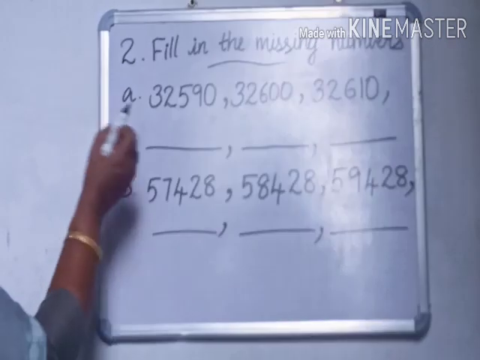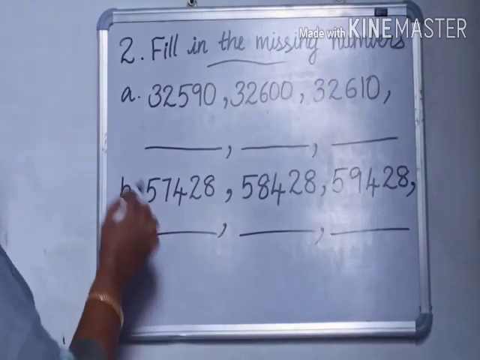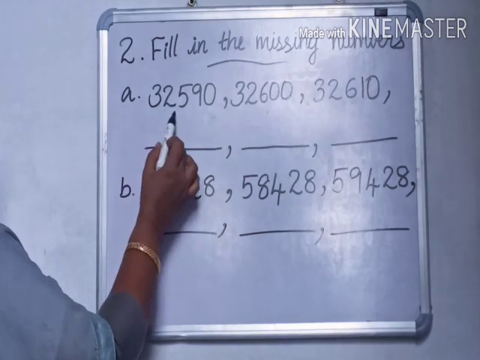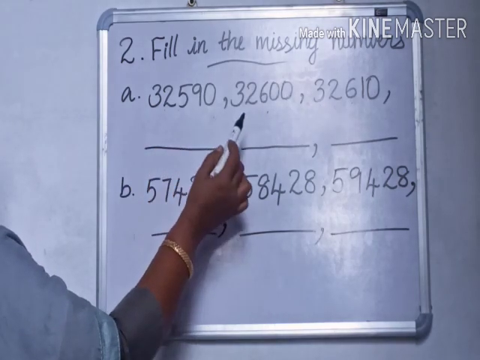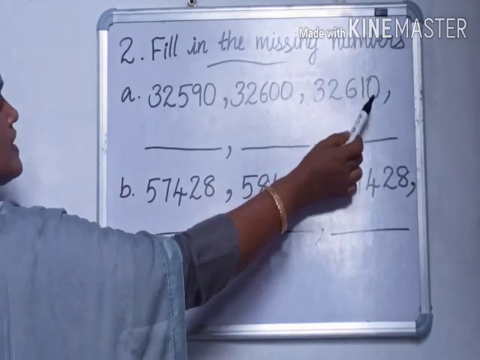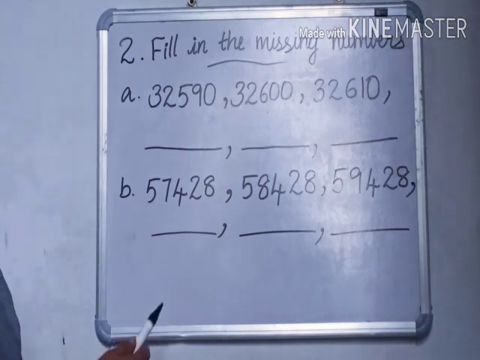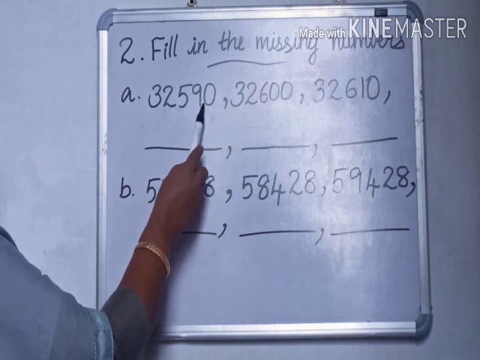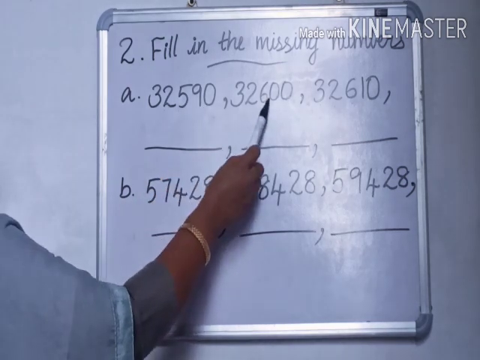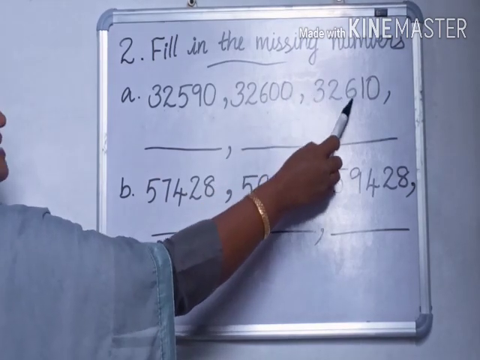Right, next question number 2. Fill in the missing numbers. A. 32,590, 32,600, 32,610. This is a number pattern counting by tens. 32,590 plus 10, 32,600. 32,600 plus 10, 32,610.